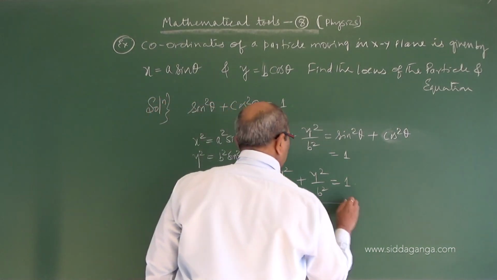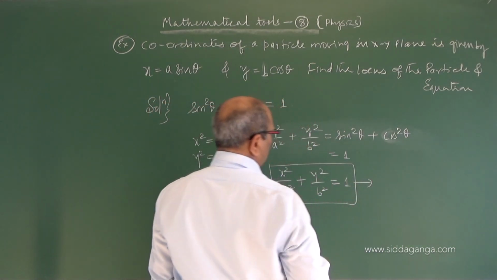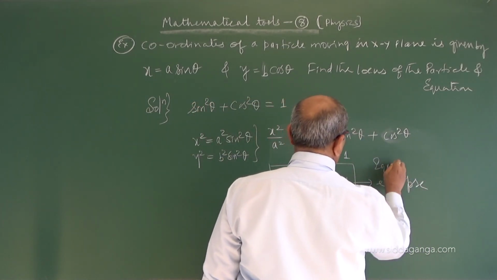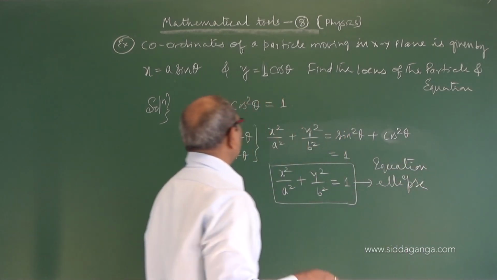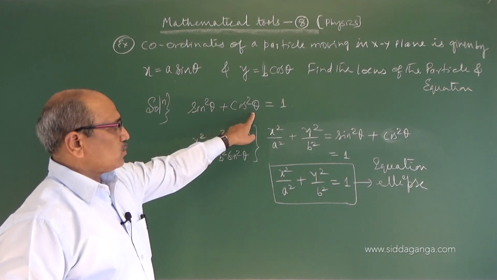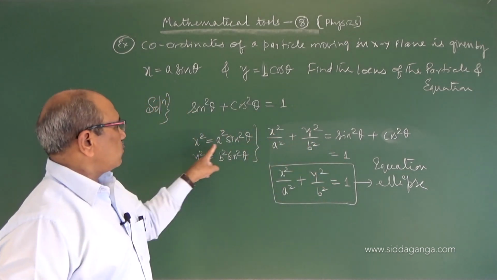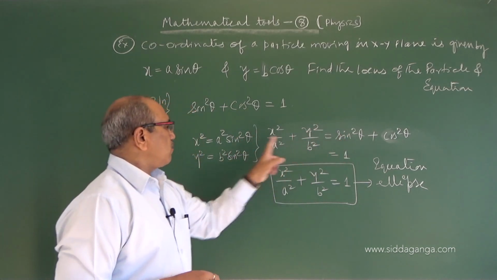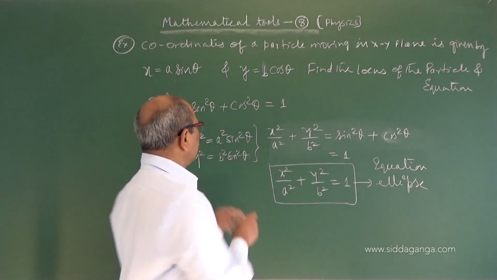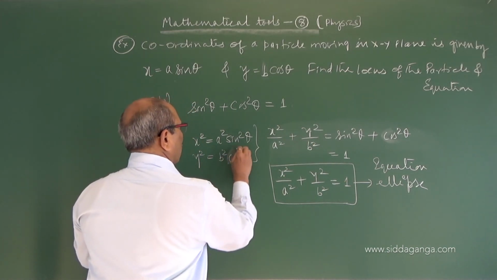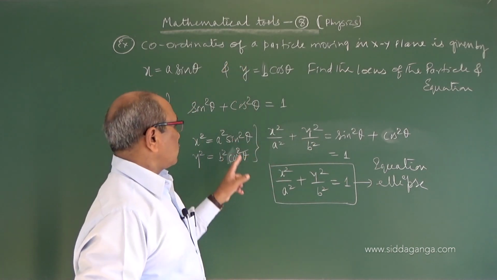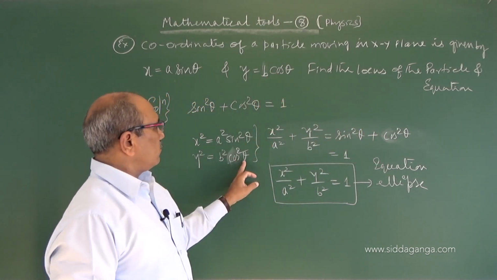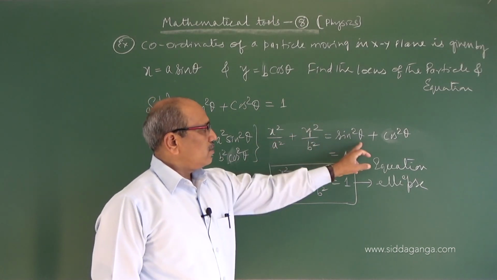So this equation is nothing but an ellipse, and the necessary equation we got. Here sin square theta plus cos square theta is 1. x square by a square is sin square theta, plus y square by b square is cos square theta, so we got the answer.